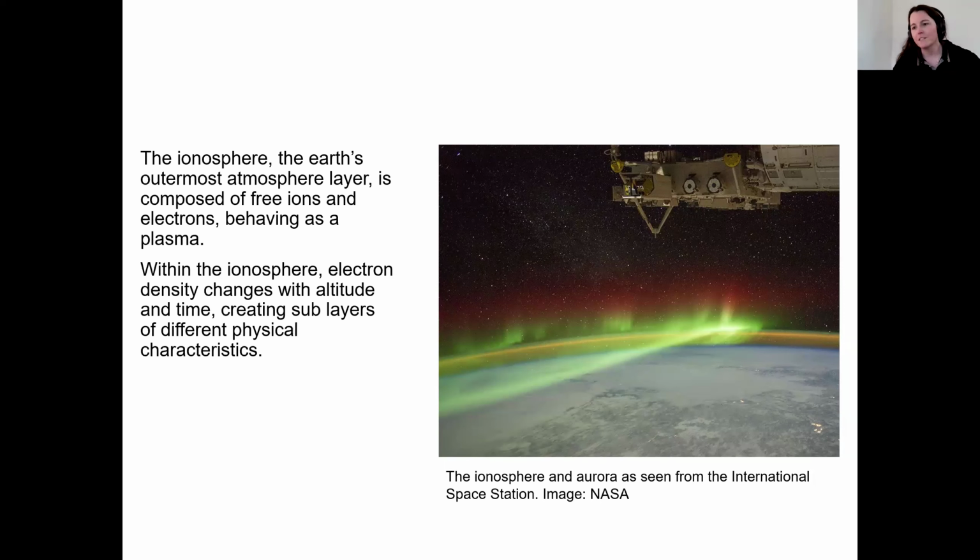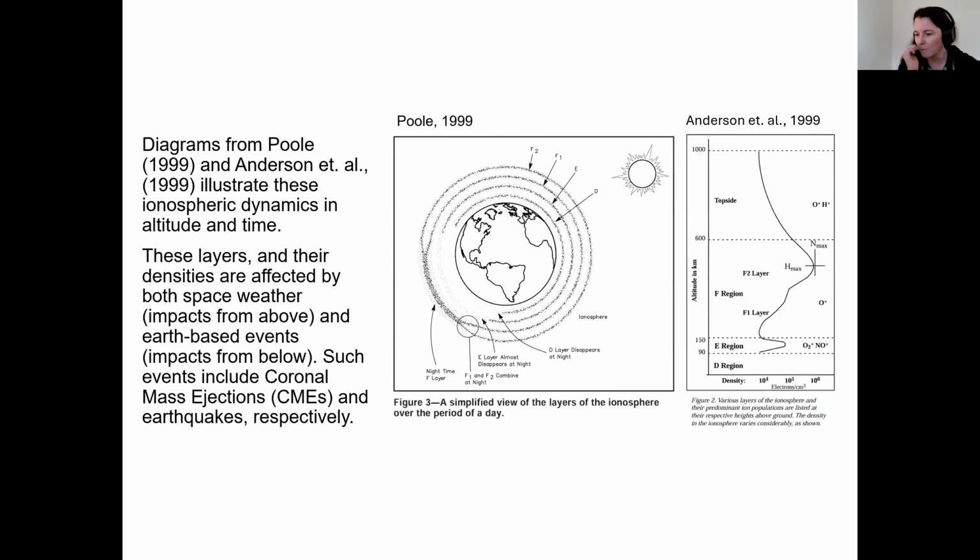It's composed of ions and electrons. It behaves physically as a plasma, and it has a lot of dynamic qualities. I think two of the important ones that we touch on here are night and day behavior.